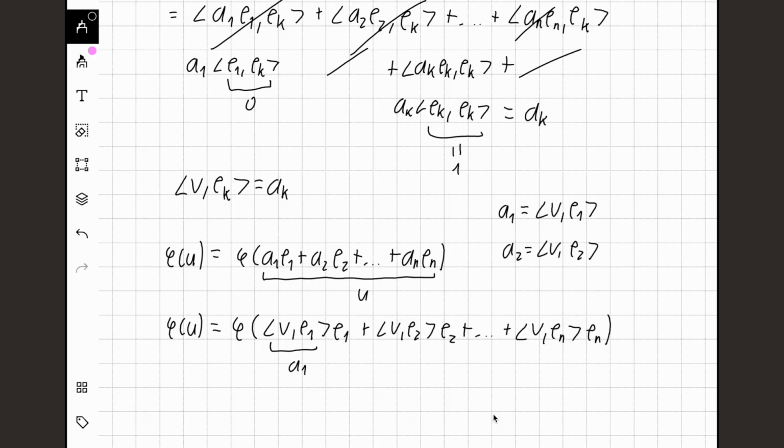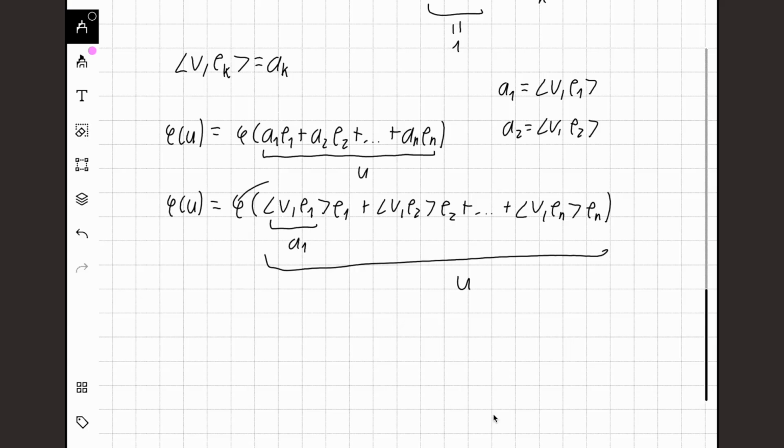Taking the linear functional on u is the same thing as this, because this just equals u. Now, since the linear functional is linear, we're gonna apply it to every single term in this expression.